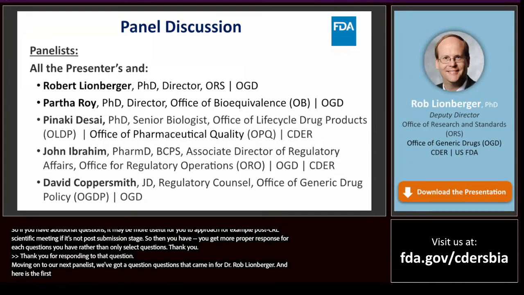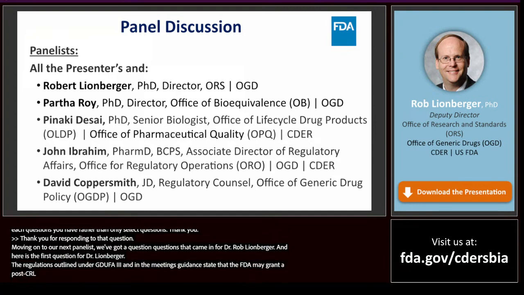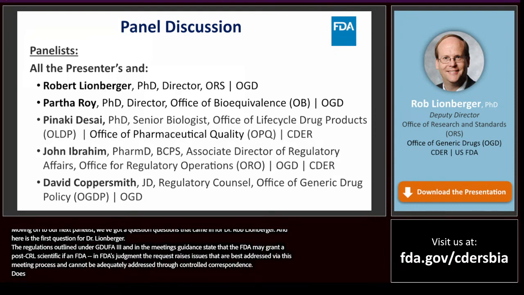And here's the first question for Dr. Leinberger. The regulations outlined under GDUFA III and in the meeting's guidance state that the FDA may grant a post-CRL scientific meeting if, in FDA's judgment, the request raises issues that are best addressed via this meeting process and cannot be adequately addressed through controlled correspondence. Does this language mean that the FDA will allow exceptions to the defined criteria for qualifying a post-CRL scientific meeting request?